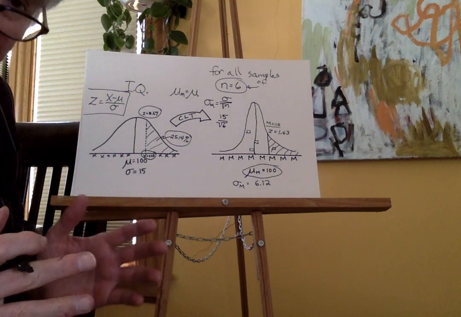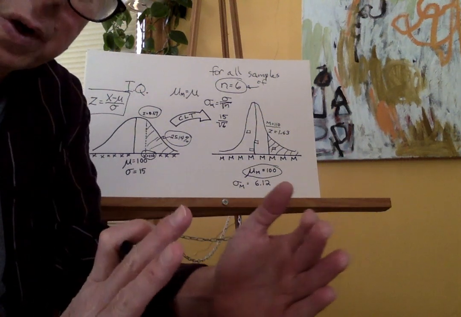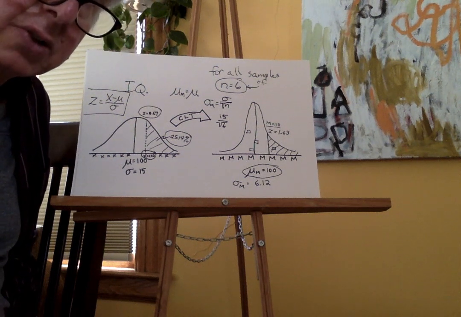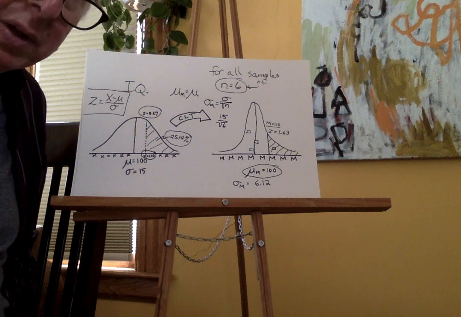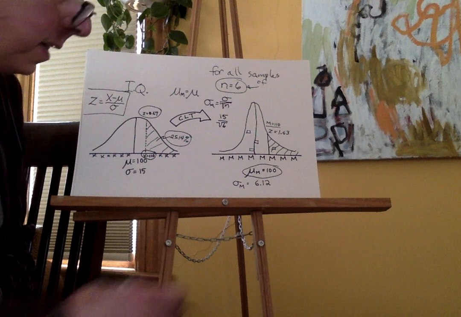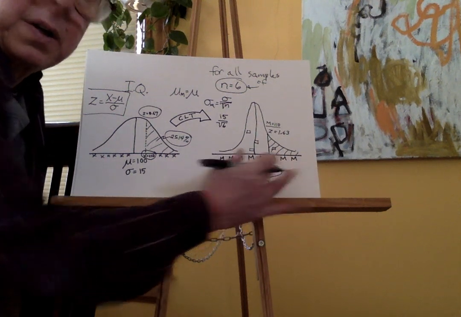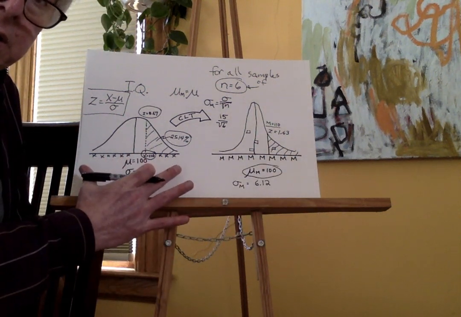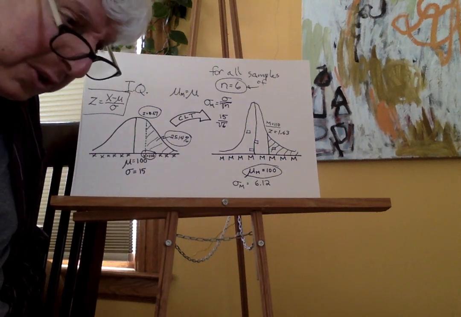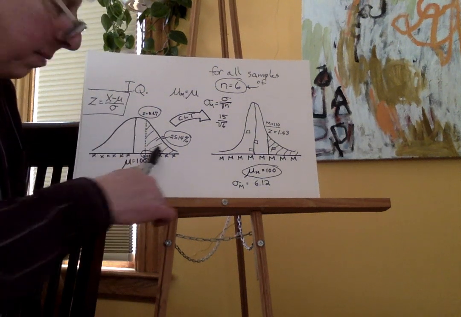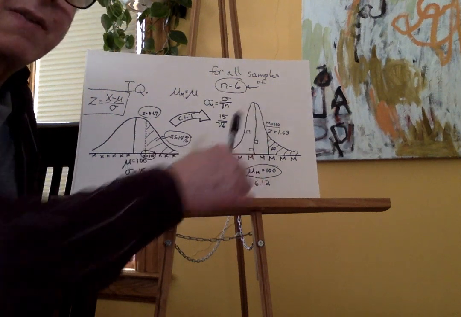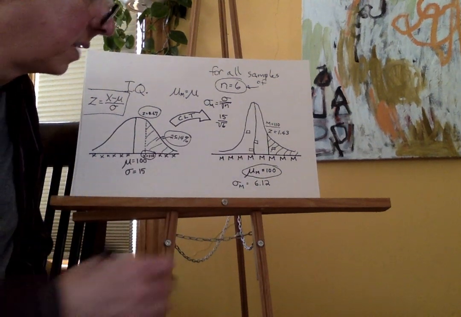Because the variability in our sampling distribution comes inward, it's more difficult to find an extreme score in a sampling distribution. Okay? It's more difficult to find an extreme score because the variability is smaller here. Here, variability larger. So individual scores that are extreme are still not as probable as the mean, but they're out there. Okay? For a sample of 6 to have an average above 110, let's see what the probability is.